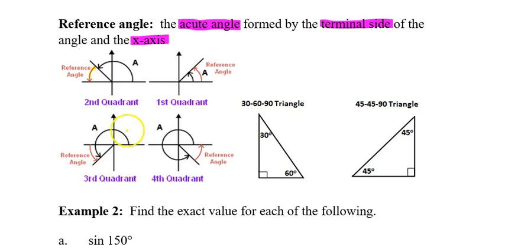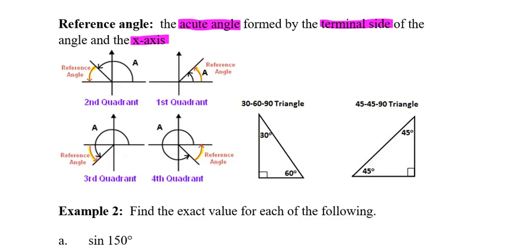In the third quadrant, something like 200, an angle of 200 would put you in the third quadrant. Its reference angle would be between that line and the x-axis. And then in the fourth quadrant, you would end up doing, again, the angle between that line and the x-axis. So this picture kind of shows you exactly where to look for your reference angle. And then you just have to remember where you are and what it should add up to.